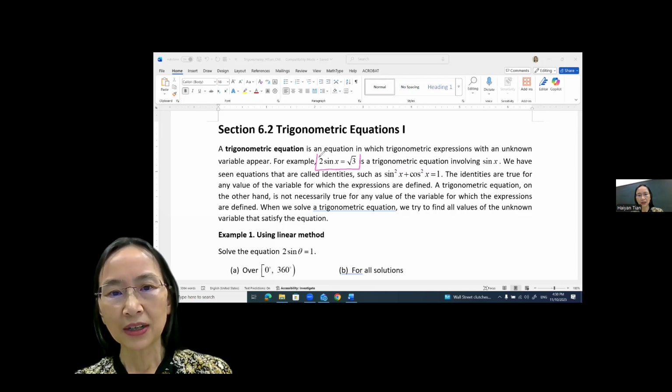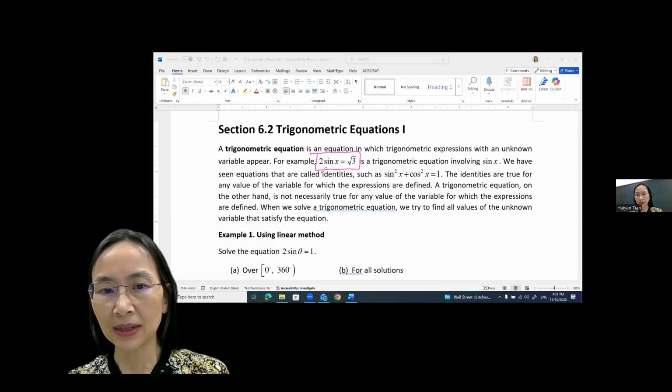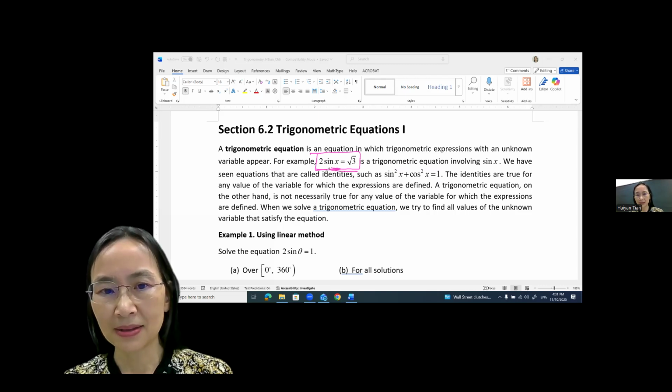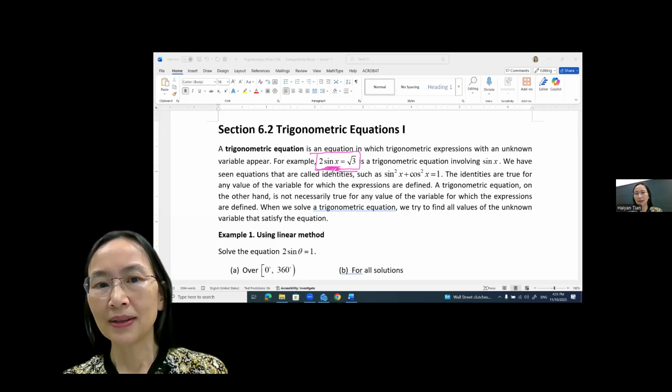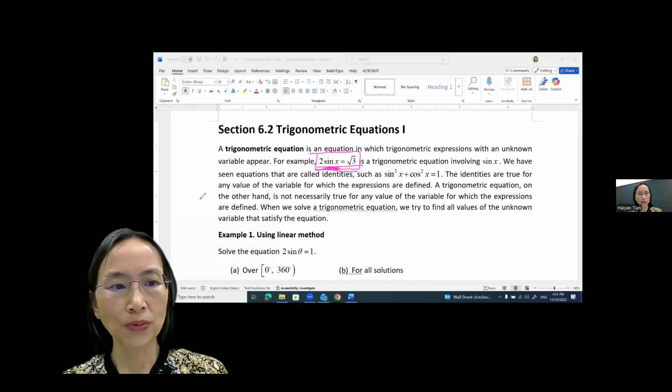However, this one, 2 sine x equals square root of 3, is not always true, not true for any values of x for which sine x is defined. So we want to find the values of x such that this equality is true.